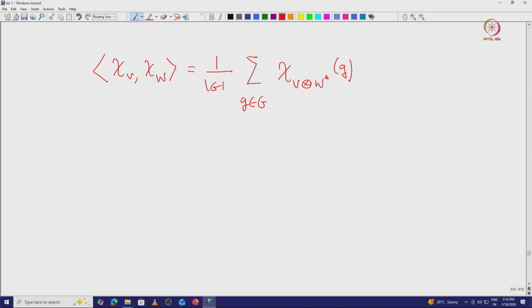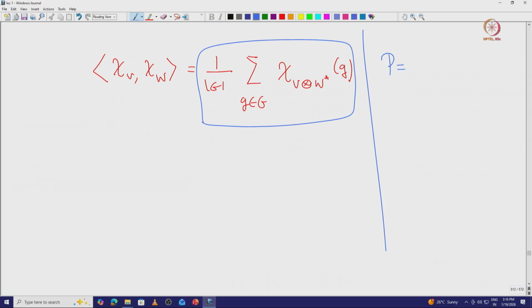This is what we are getting as the inner product. If we look at this term, it is very much related to the projection operator that we have already defined. Look at P, which is 1 divided by the cardinality of G times the sum over g in G of g, and this lies in the center of the group algebra CG. This projection operator we already studied, and it is related to the character values.